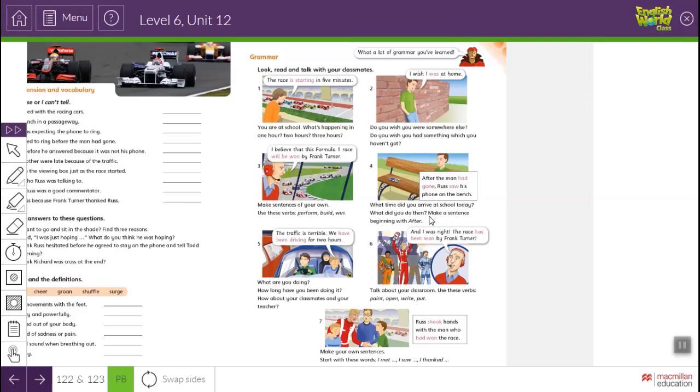Number 5. The traffic is terrible. We have been driving for 2 hours. This is present perfect continuous: have, has, plus been, and verb plus ing. What are you doing?